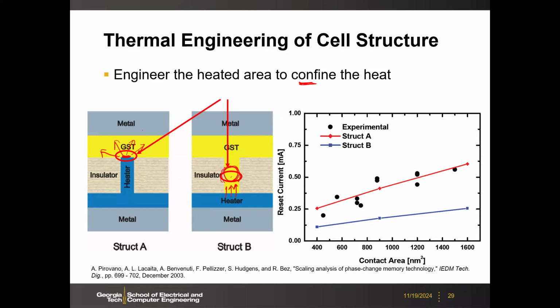You don't need some large current because the heat is more local. Here you see some data, the same plot. If you use structure B, which is this confined cell, without changing the material composition, then the requirement on the reset current reduces almost 50%. So this is a better design.